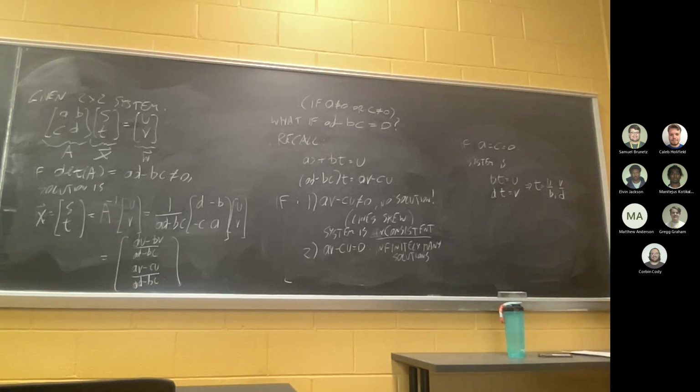What happens here is if you get two conflicting values for T, well, there's no solution. Again, the system is inconsistent. So again, for lines, it really means that the lines are skew.